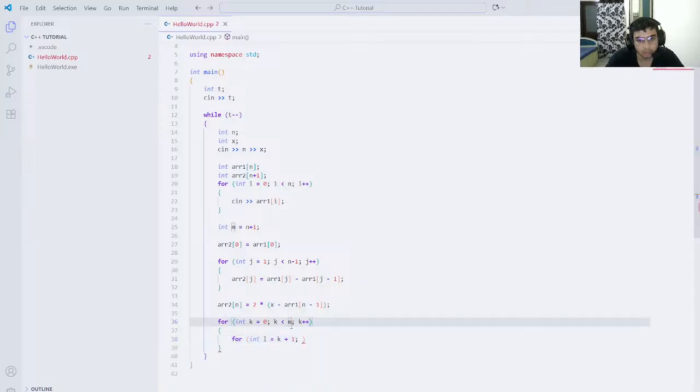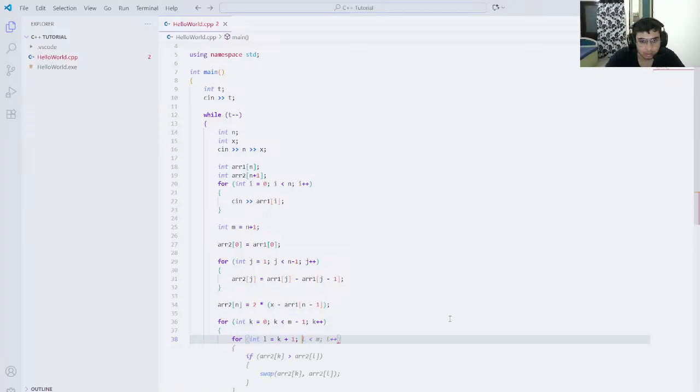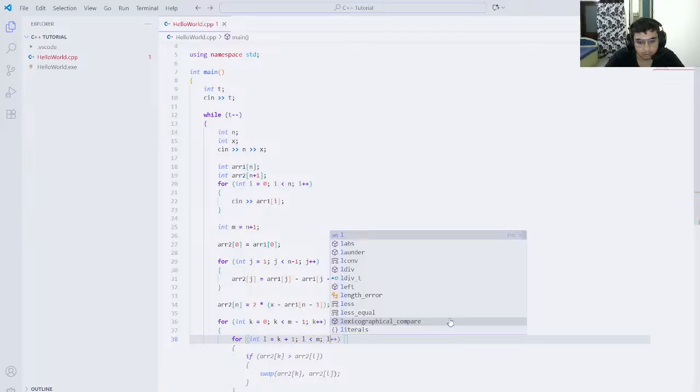This one is going to be m minus 1, right? Because reasons. So this one is going to be L is less than m, L plus plus.